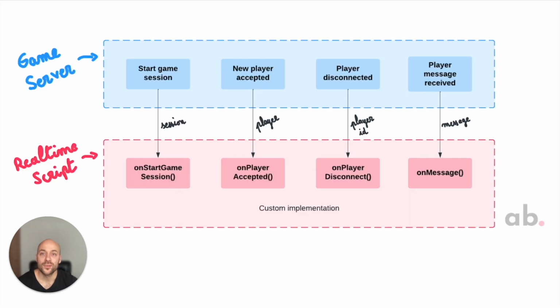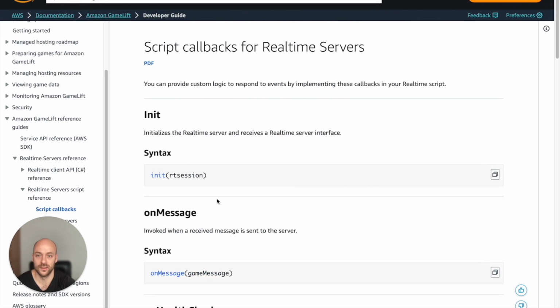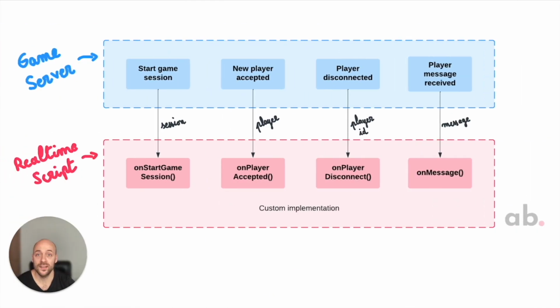In a nutshell, the real-time script is a collection of callback functions the game server calls during its lifetime. There are 13 callback functions available, all described in the GameLift documentation. In these slides, I'm showing the main ones. The great thing about those callback functions is that you can implement custom behavior for each one.